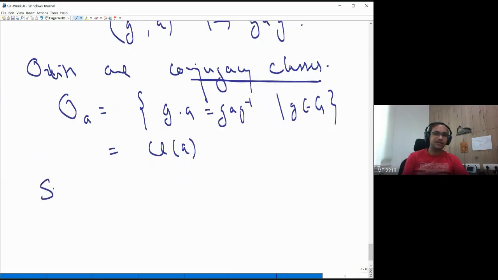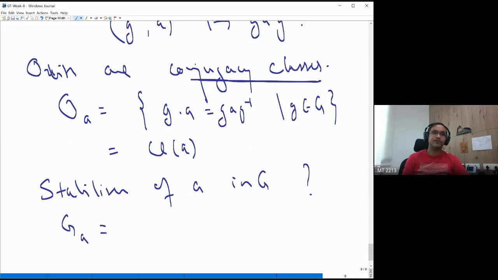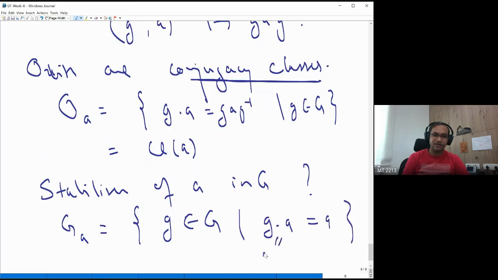And what are the stabilizers of A, right? The stabilizer of A in G. What is that? So let's write down G_A. That will be, by definition, the set of all those g in G such that g dot A is simply A. g dot A is nothing but g A g inverse, right?